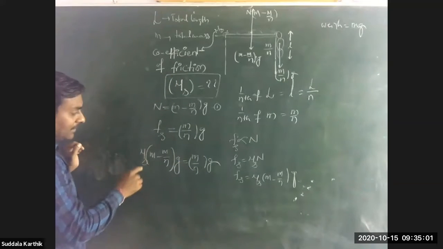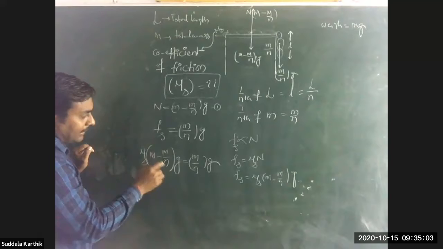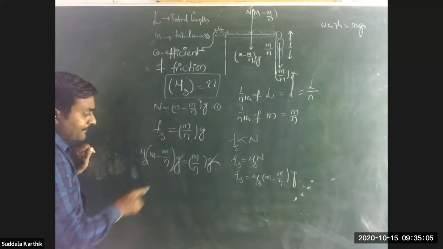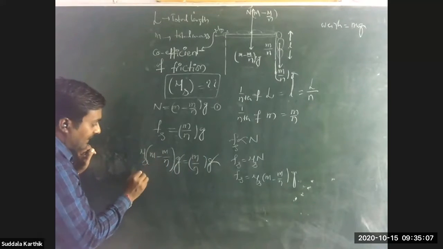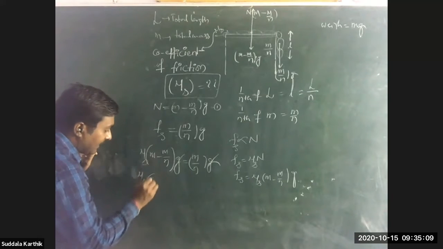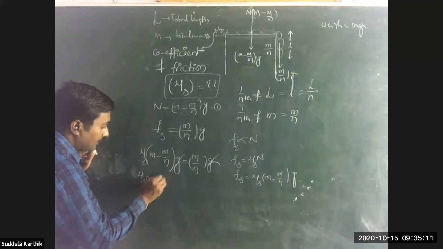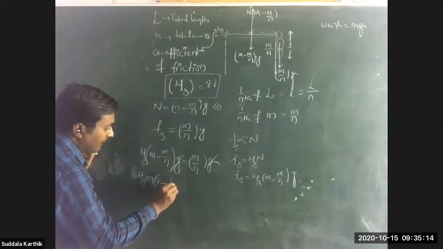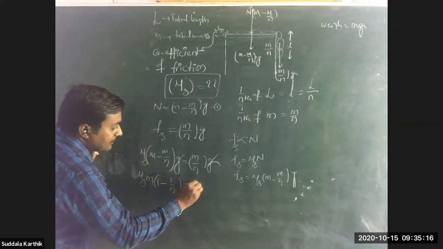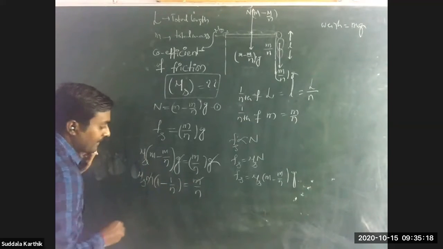So for that purpose, what you have to do, Nana? Simply first you have to cancel g, and I am taking LCM. M is there, mu s. I am taking common m, 1 minus 1/n is equal to m/n. Cancel m, Nana.